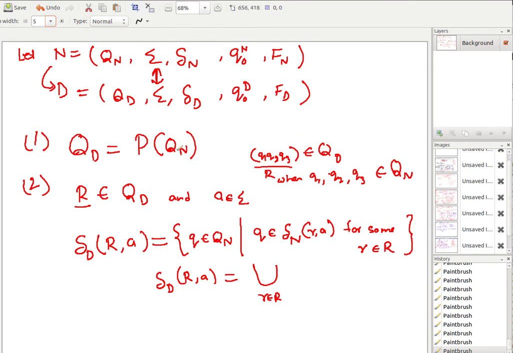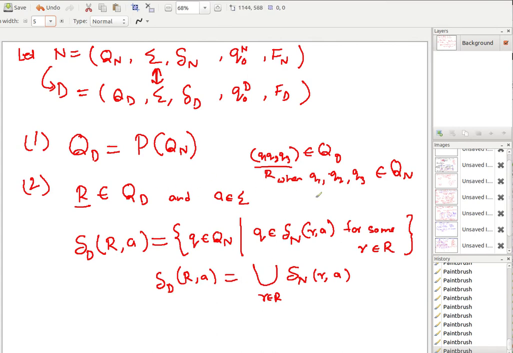It is an element of the power set of Qn, so R can represent multiple elements of Qn. Each element of R you pick, and for that, where on the NFA you might have gone, you take the union of that, and that becomes how on the DFA you will move further.